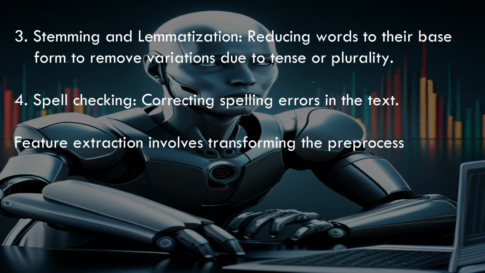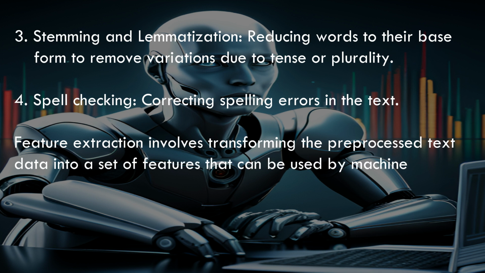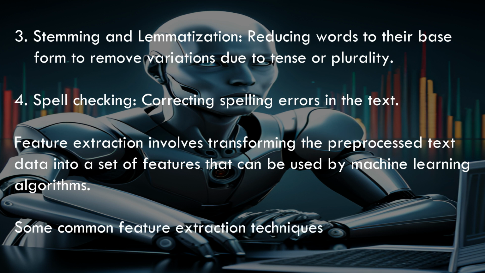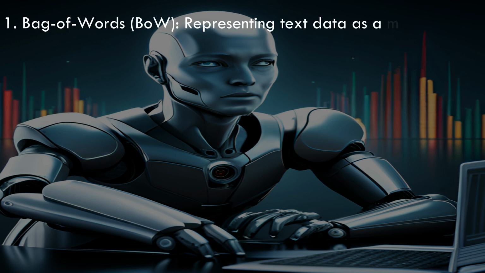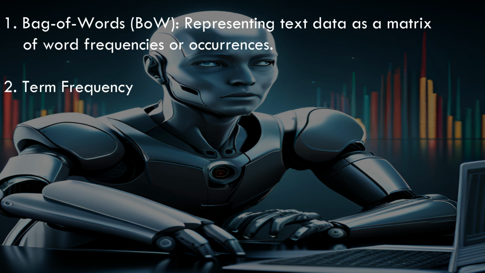Feature extraction involves transforming the preprocessed text data into a set of features that can be used by machine learning algorithms. Some common feature extraction techniques in NLP include: 1. Bag of words, BoW, representing text data as a matrix of word frequencies or occurrences. 2.